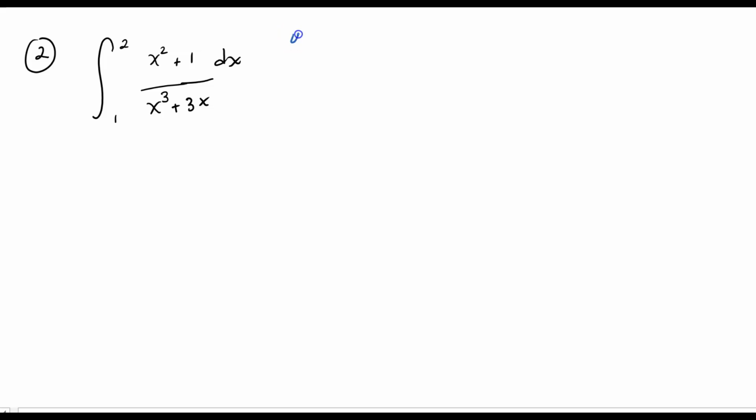I'm going to pick my u to be x cubed plus 3x, and my du is whatever the derivative of u is, so it's going to be 3x squared plus 3 dx. Well, I don't see that there necessarily, but you have to rethink the way that it looks. Factor out the 3.